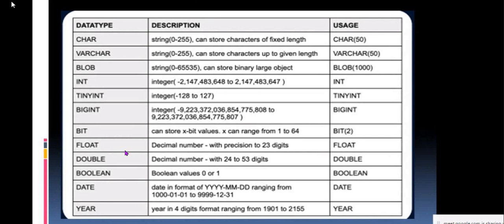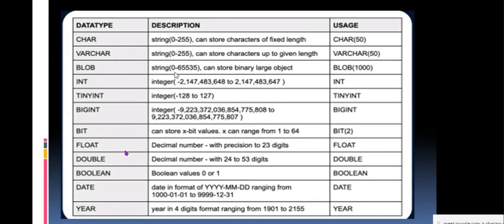But in varchar, only the space which it needs will be reserved. For example, if it is taking city name as Mumbai, only that space will be reserved. The other memory will not be reserved. Only the required space will be reserved in varchar. So this is the difference between char and varchar.